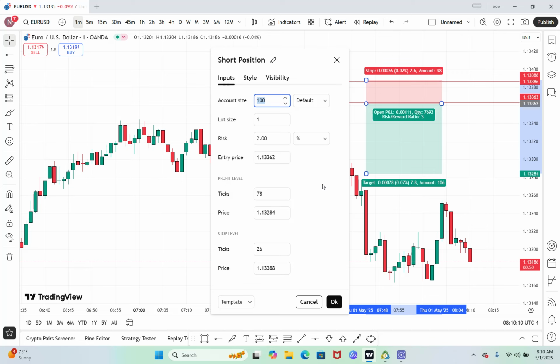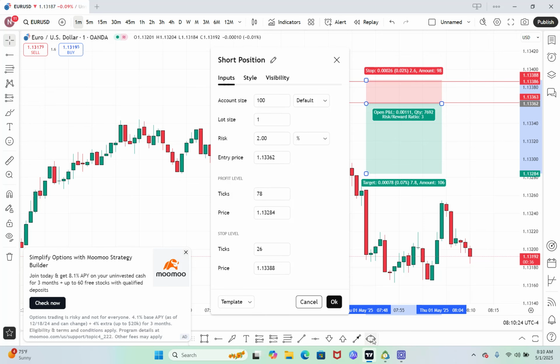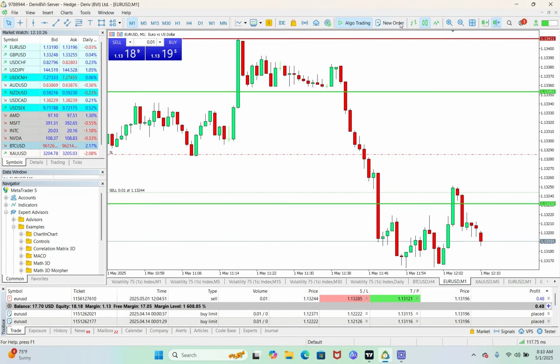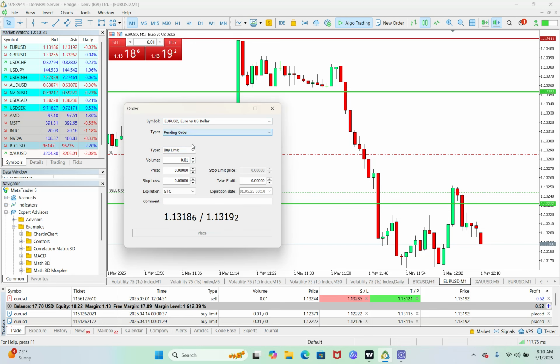So all you have to do now is just put in these coordinates. I'm going back to MetaTrader 5, using these coordinates. Entry point 1.13362. So click on MetaTrader 5, new order, pending order, sell limit 1.13362.